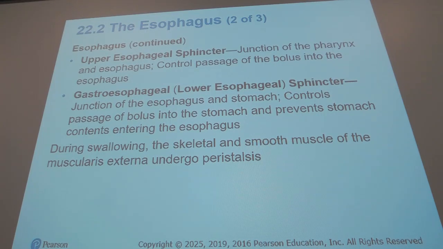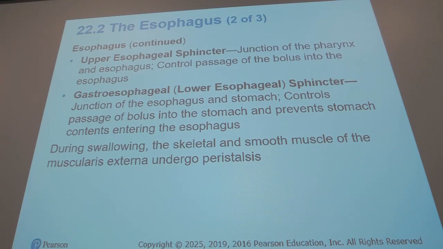This sphincter, if it doesn't close properly all the way, is going to allow the passage of acid from the stomach into the esophagus, into what we call gastroesophageal reflux disease.